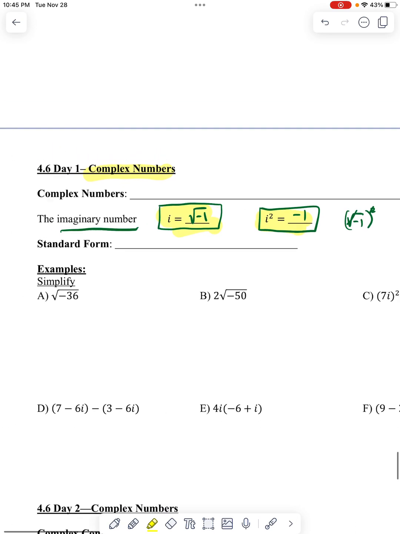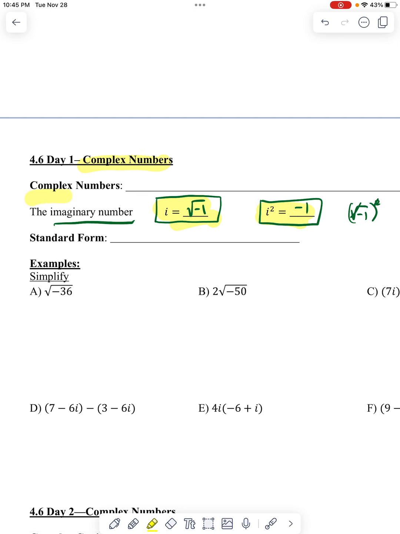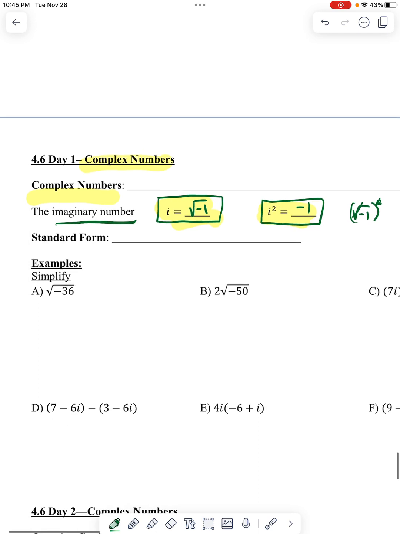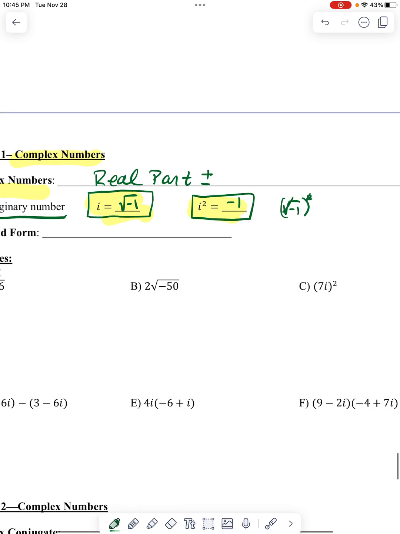And I skipped the thing that says complex numbers. A complex number is simply a combination of real numbers and imaginary. So you're going to have a real part, meaning regular old numbers that we usually use, and then you're going to have either added on or subtracted from an imaginary part.